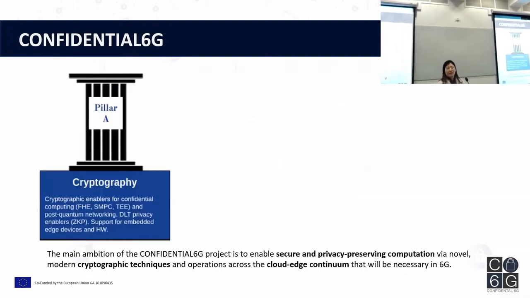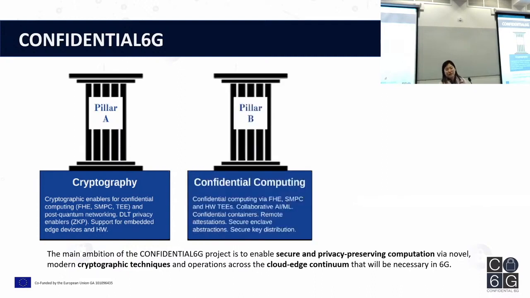The first, the cryptographic, is dedicated to finding or defining the new crypto enabler solutions. Like you may already have heard about fully homomorphic encryption, secure multi-party computation, trusted execution environment and DLT technology and so on. So this is very general. We try to adopt all the available crypto solutions.